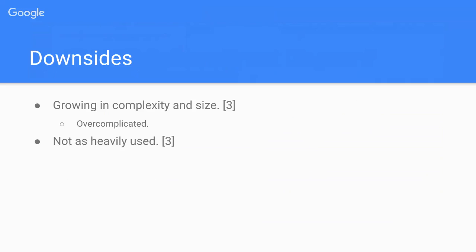Okay, let's go ahead and look at the downsides of the UML component diagram. So what are the downsides? First off, a downside to UML in general is its growing complexity and size. Many in software actually believe that you can communicate design ideas just as easily using simple boxes in a program such as Microsoft PowerPoint or Word.